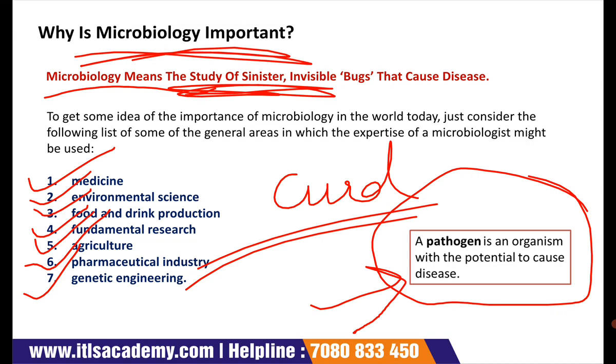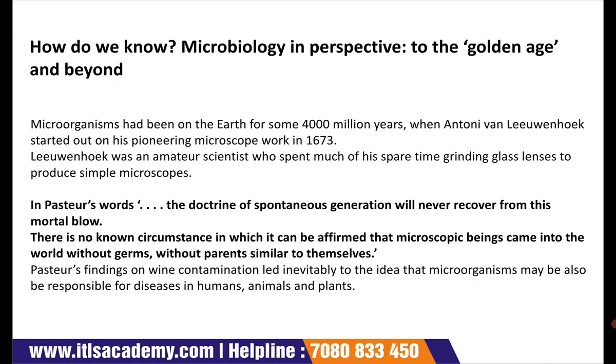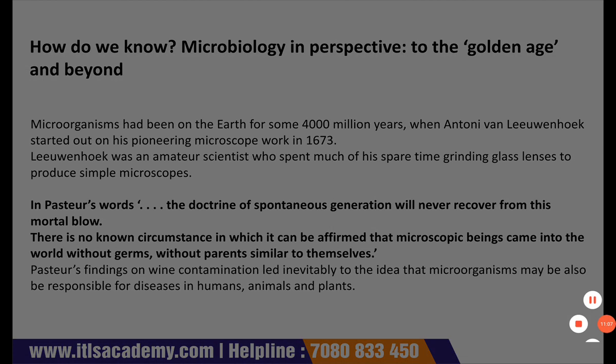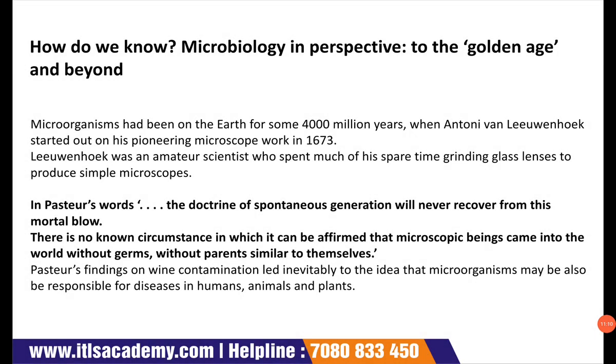Now moving to the next: how do we know microbiology is perceptive to the golden age and beyond? Microorganisms had been on earth for some 4000 million years when Anthony von Leeuwenhoek started out on his pioneering microscope work in 1673.